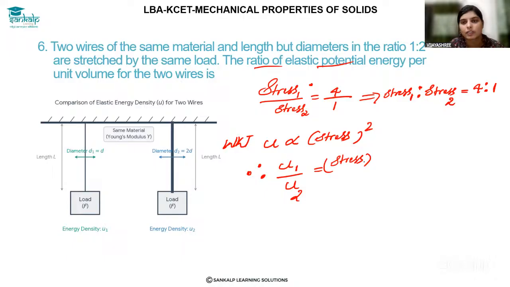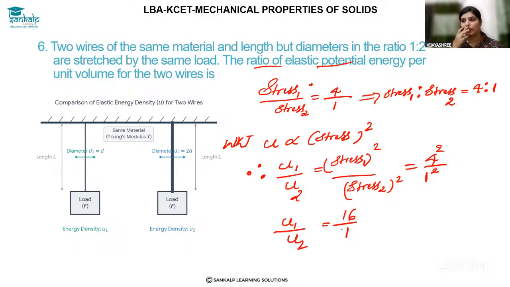Stress 1 is 4 and stress 2 has corresponding ratio 1. So 4 square is to 1 square, which is equal to U1 divided by U2 is equal to 16 divided by 1, which implies U1 is to U2 is equal to 16 is to 1.